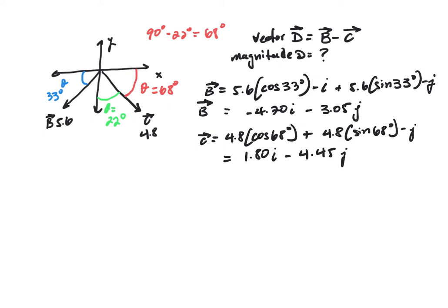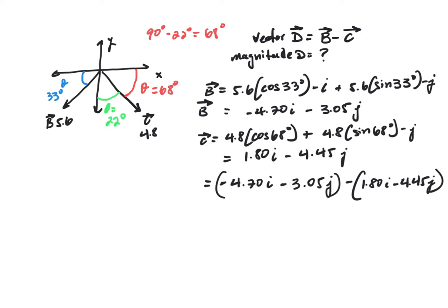So we need to find now D. We need to subtract vector C from vector B. So we have negative 4.7 i minus 3.05 j, that is for B, minus, because we're subtracting it, 1.8 i minus 4.45 j.